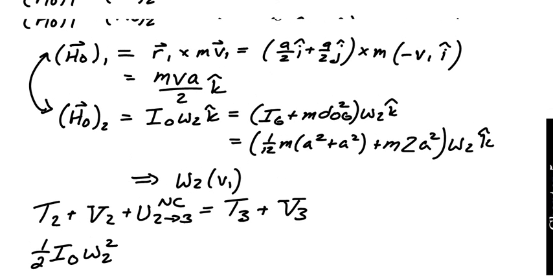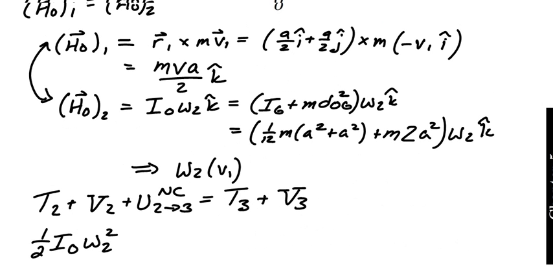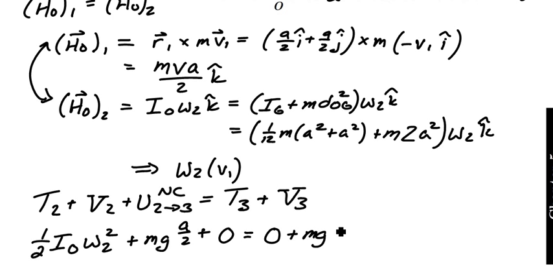I can choose to put my datum at the ground level, and if I do that, V2 is going to be plus m g a over 2. Note that there are no forces which contribute non-conservative work here. T3, that point where we're at the maximum height, is going to be 0. And V3 is m times g times the distance between the center of mass and O, which we call dOG, and now we have our result.